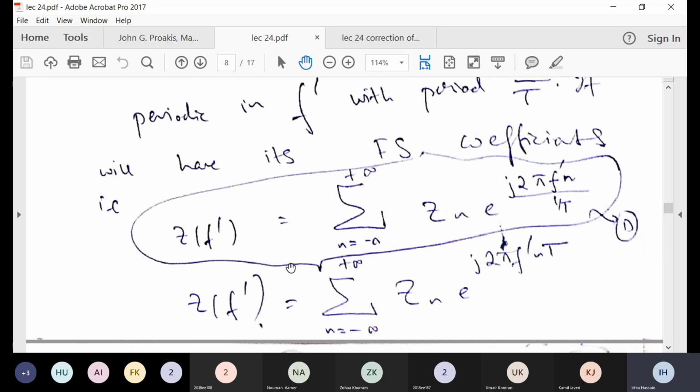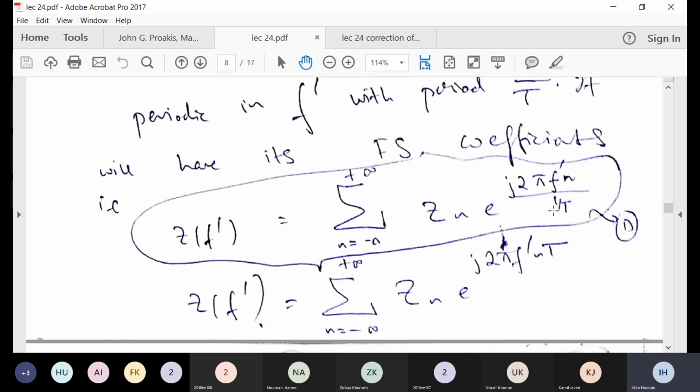Here are the Fourier series coefficients of this signal, with e^(j2 pi f nT), where f is f dash, and that is the periodicity.